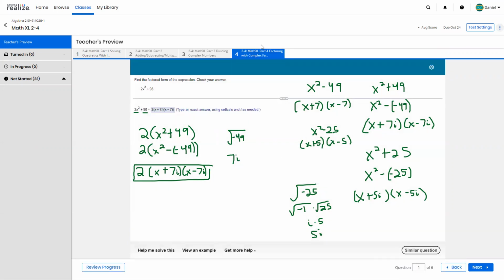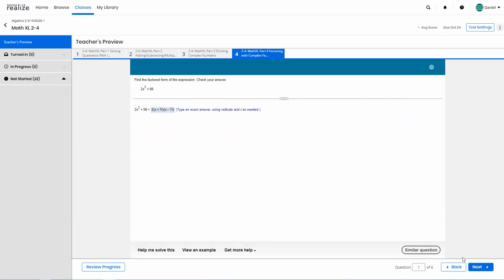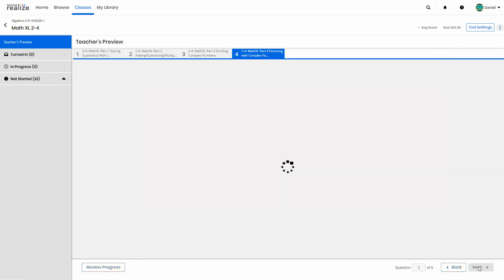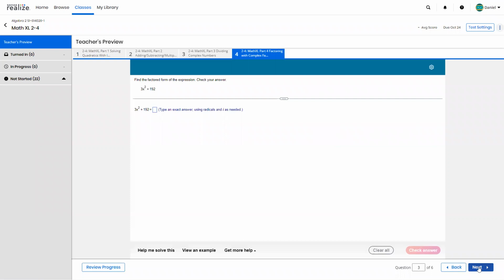All right, let's do one more example. I think this is pretty straightforward. 6 is evenly divisible into both 6x squared and 24, so I'm going to factor out a 6 and be left with x squared plus 4. We want to change that into x squared minus negative 4.